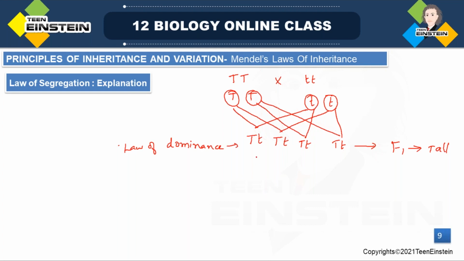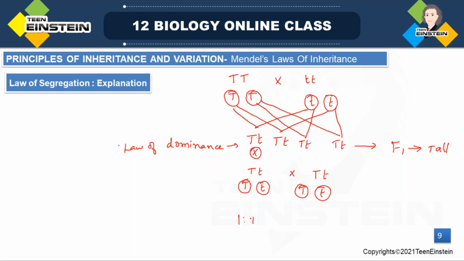Again, this is the symbol for selfing. So this plant is selfing, crossing with the same thing only. Here it produces capital T, small t, capital T, small t. Here comes segregation: both the parental characters are expressed.